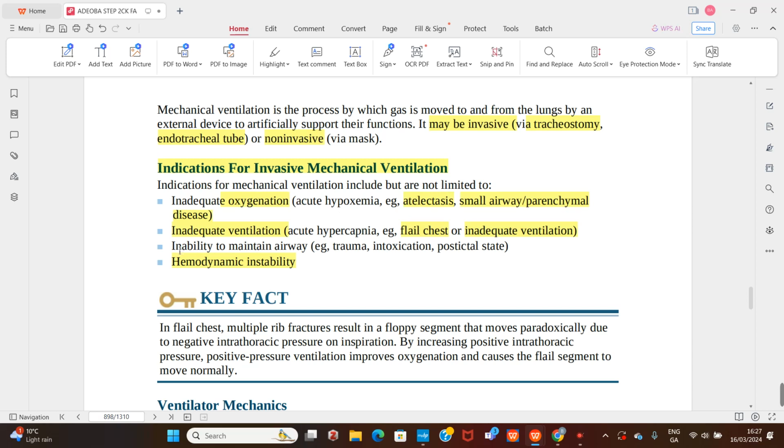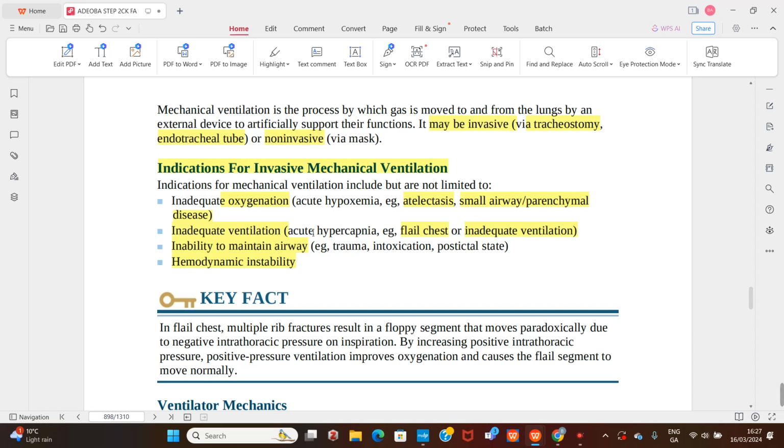Then lastly, it is not a problem with ventilation. It is not a problem with oxygenation, but it is a problem of maintaining airway. For example, someone that has a stroke, someone that has head trauma, someone that has just had a seizure, and it's very, very difficult to control the glottis, to control the airway. You want to place them on mechanical ventilator because of the endotracheal tube that you have introduced into the trachea.